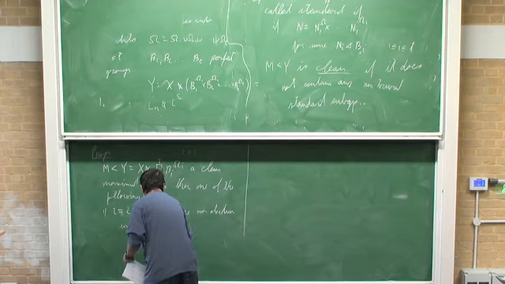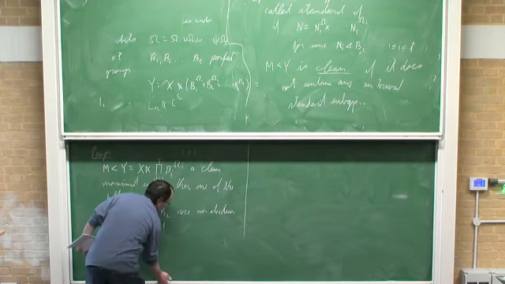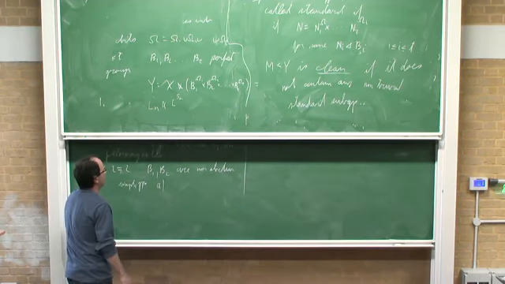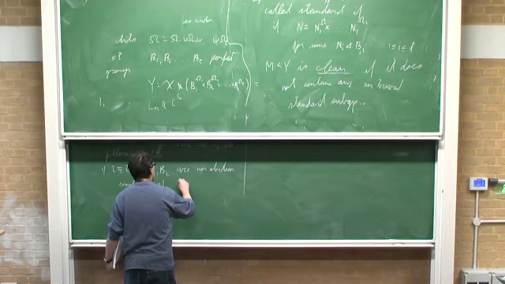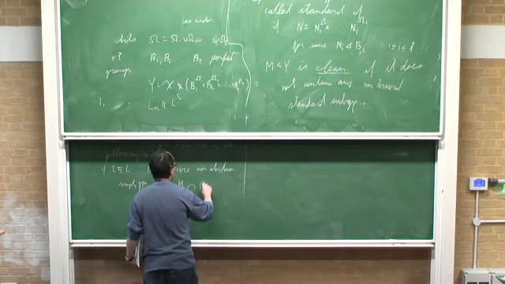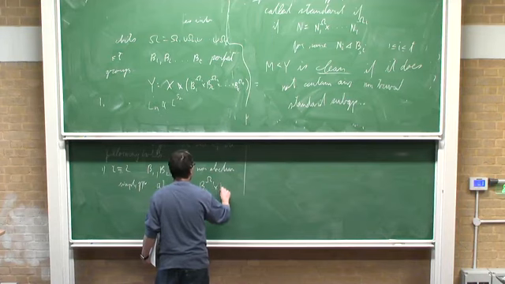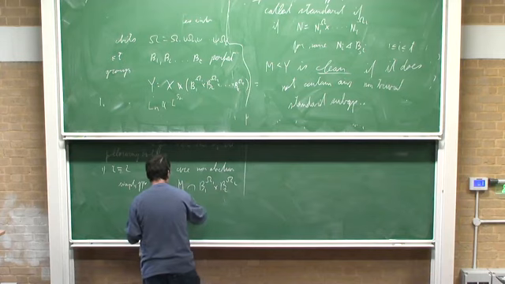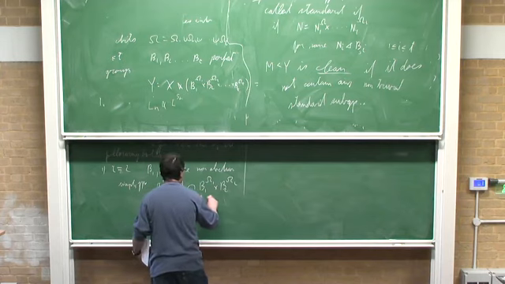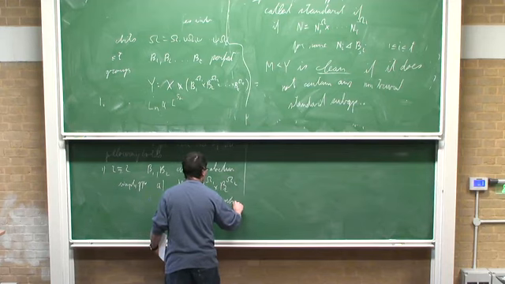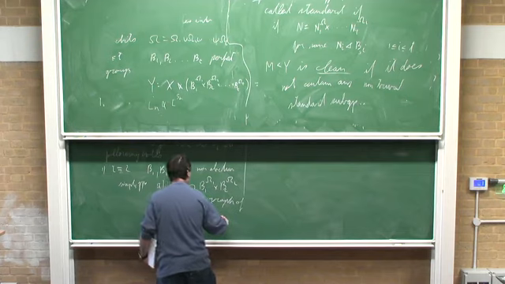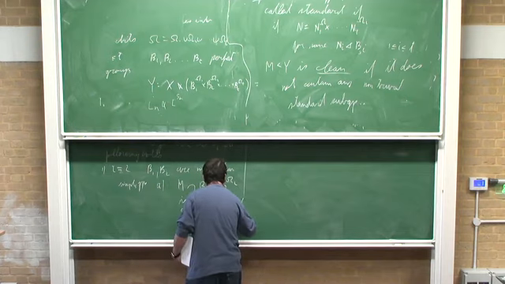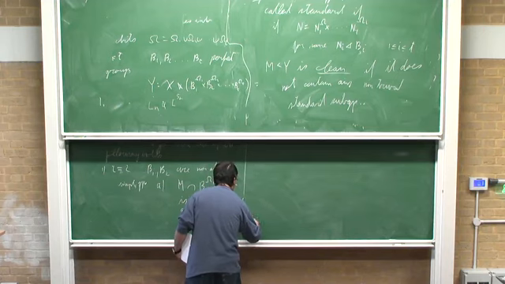And here, the first thing: if you look at M, the intersection with B1 to the omega 1 times B2 to the omega 2 is a graph of an isomorphism from B1 to the omega 1 to B2 to the omega 2.